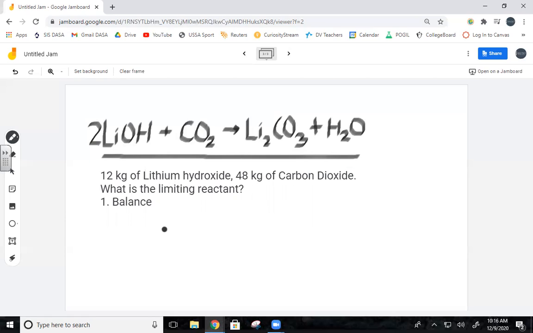All right. Okay, so we need to balance the equation. Well, that's done. Cha-ching. Okay. That's actually a pretty decent little check mark there. Pat myself on the back when I can. All right. What should we do now? What do you think?